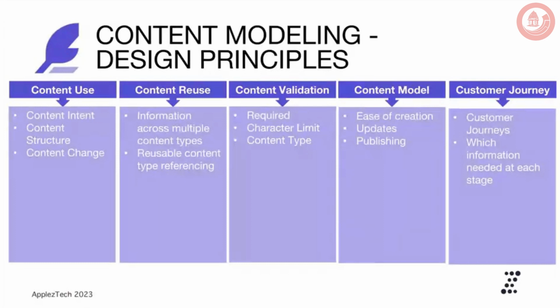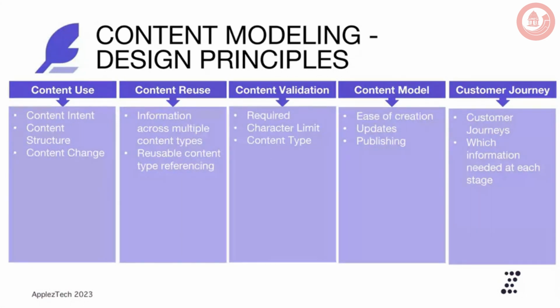Now, in order to do that, it goes through a design principle. The design principle in this case is around five things. Content use. What type of content needs to be built and how will it be used? Is it going to change based on specific criteria, or is it just a regular change? If your content authors create news articles or whatever with a certain structure, it has to have a content structure, and how much that can be used and reused with others.